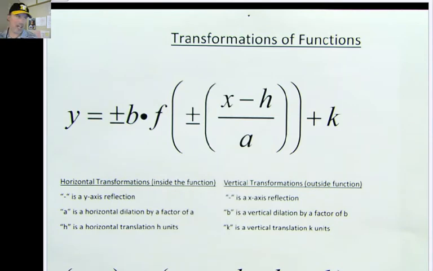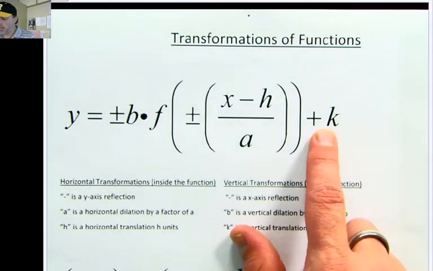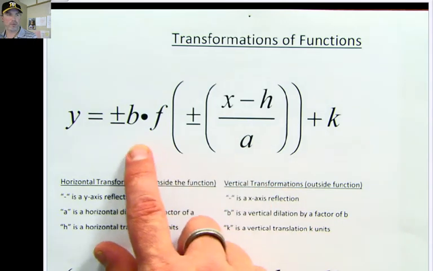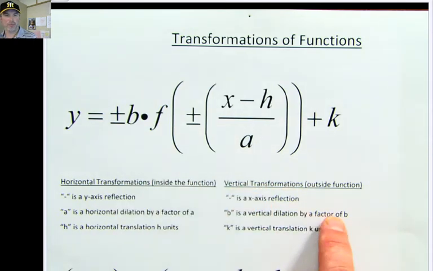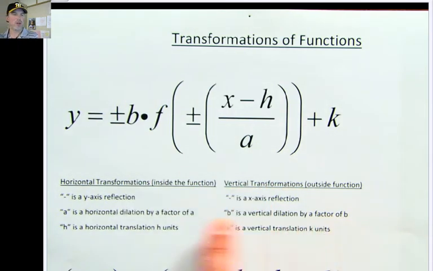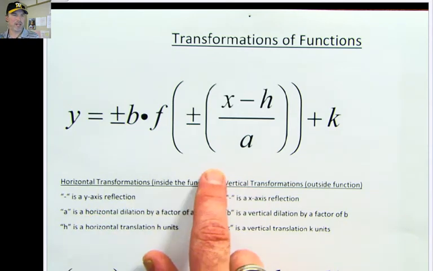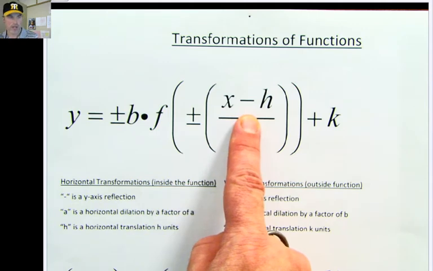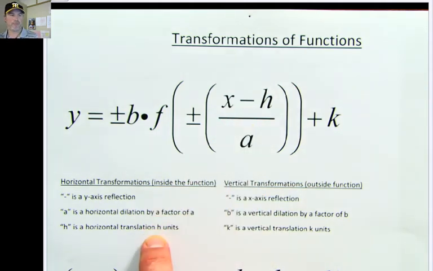Note the inside, outside, backwards or not backwards bit of this. Outside, the plus k means you're going k units up, or you're multiplying by b, so you're multiplying the coordinate by b. Whereas in here, it's always opposite. Instead of an addition, it's a subtraction that's giving you that horizontal translation.